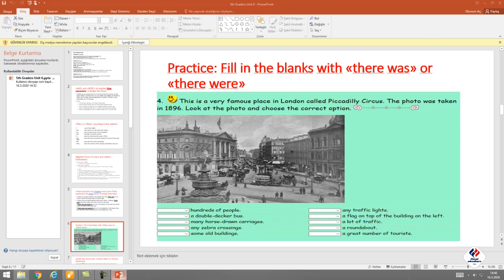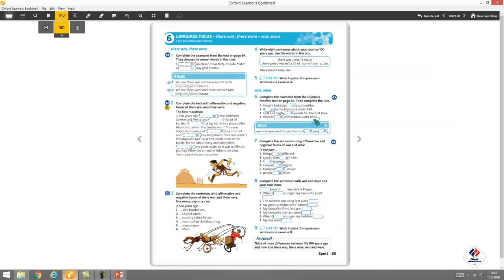Okay, now I'm again going back to our book. Practice 1. Complete examples from the text on page 64, then choose the correct words in the rules. An 11-hour 40-minute match. What should we have here? Of course, we need "there was," because match is a singular noun. Any gold medals?